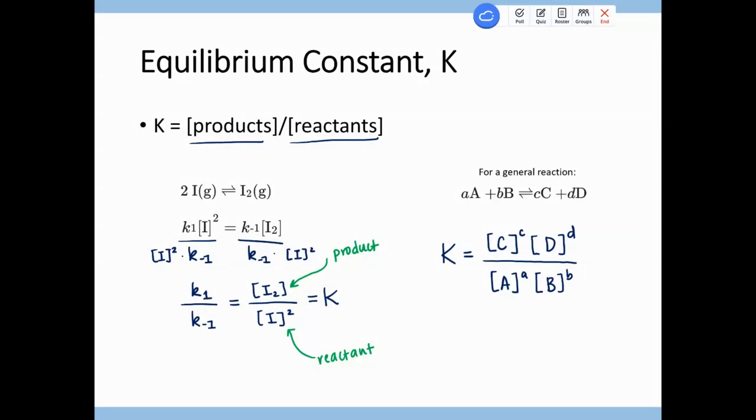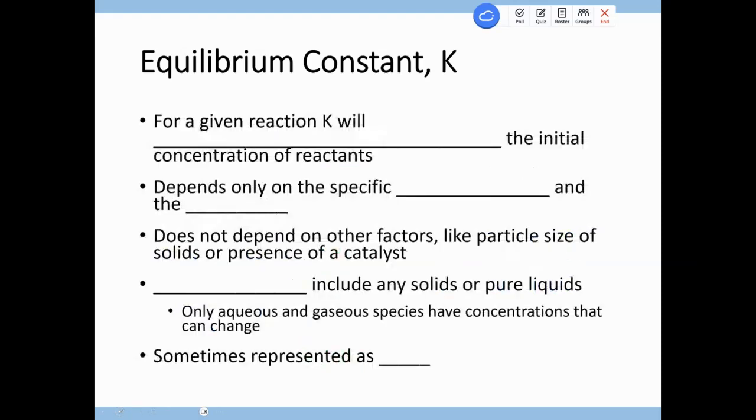All right, let's talk a little bit more about why we care about capital K. For any given reaction, K will always be the same no matter the initial concentration of reactants.